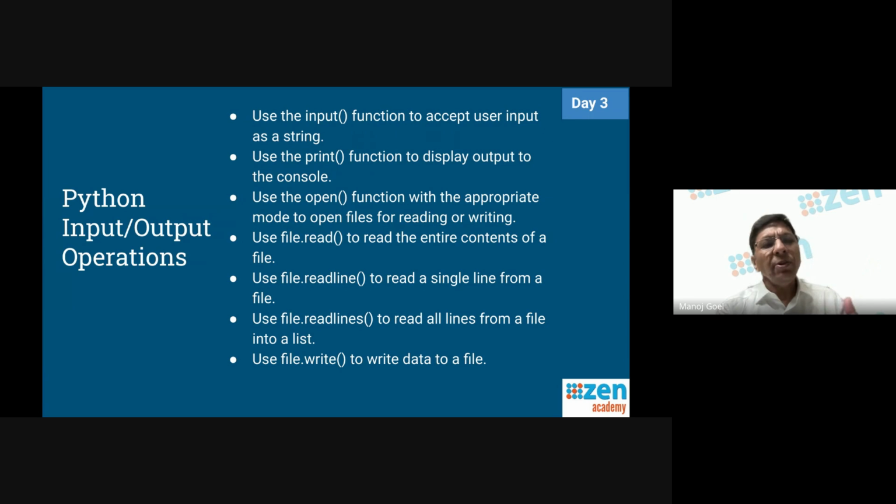Now what we are trying to see here is how to input and output data, because ultimately any program that you write takes some inputs from the user, does some manipulation, storage or processing of the data, and then gives certain output after processing.